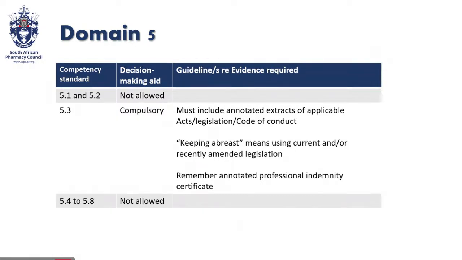And remember to also add your annotated professional indemnity certificate. I think it is behavioral statement D that revolves around professional indemnity, that you apply to professional indemnity guidelines, or I can't remember the exact wording now.